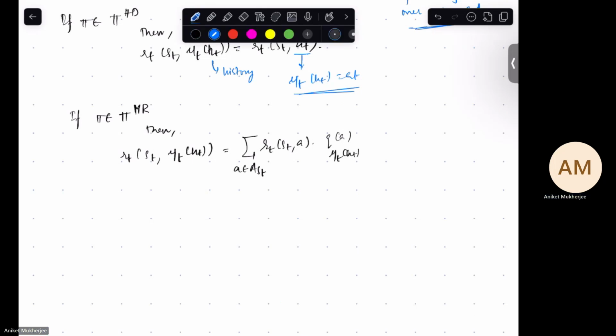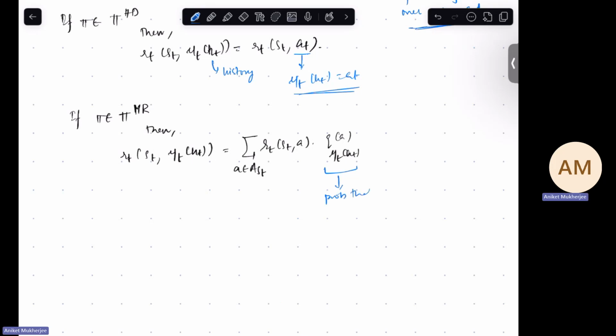So this is the probability that you choose action A if you have history HT.